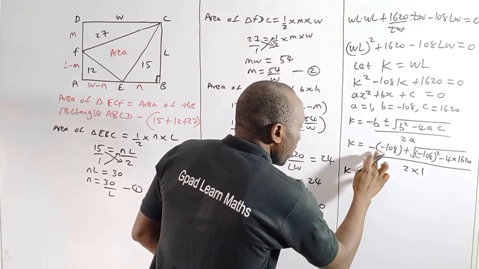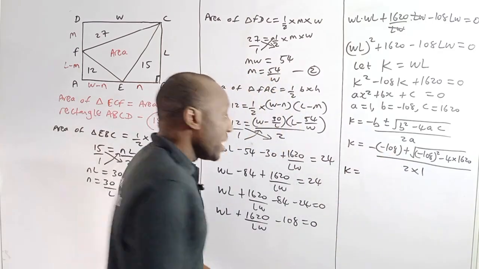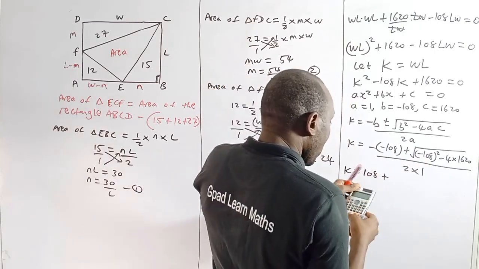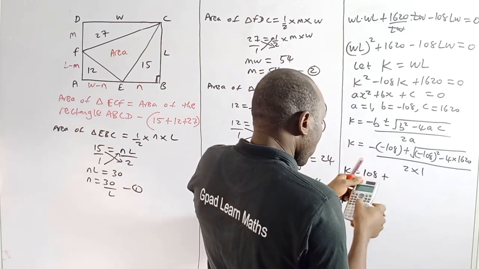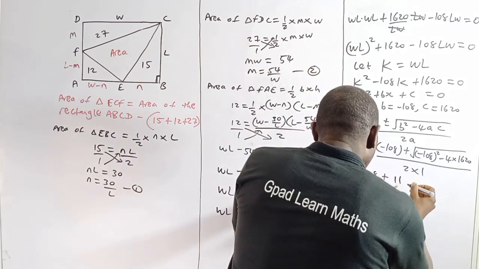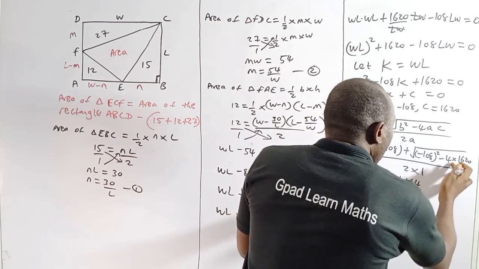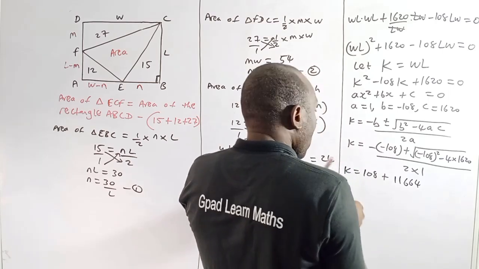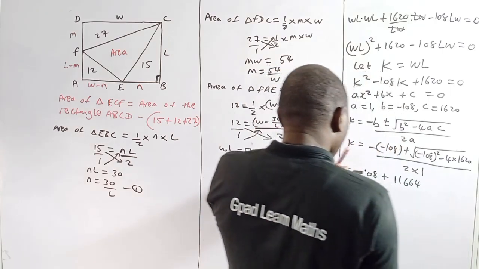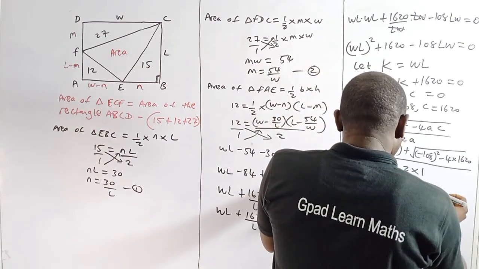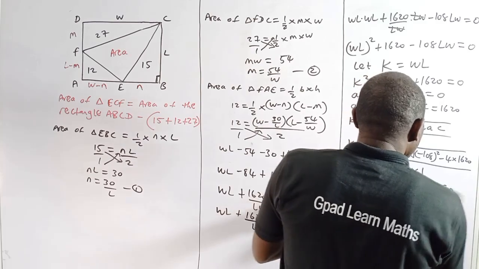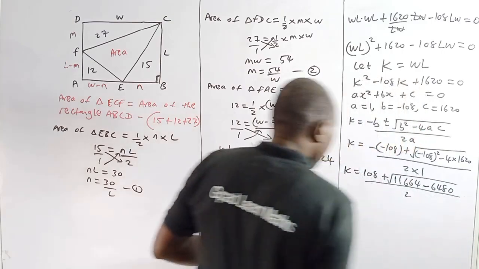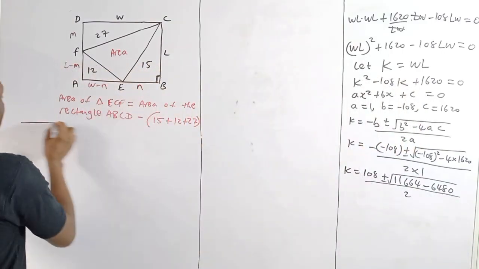So K is equal to minus times negative 108 is 108 plus. Let me just quickly expand this because of time. So 108 squared is 11664. Then 4 times 1620 is, that's minus 6480. The square root is still here, all divided by 2. Now I'm going to continue from here.